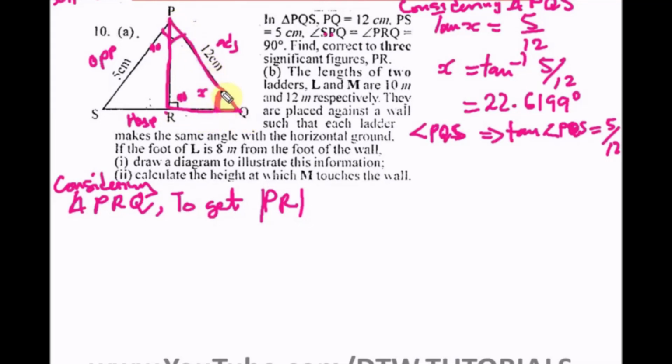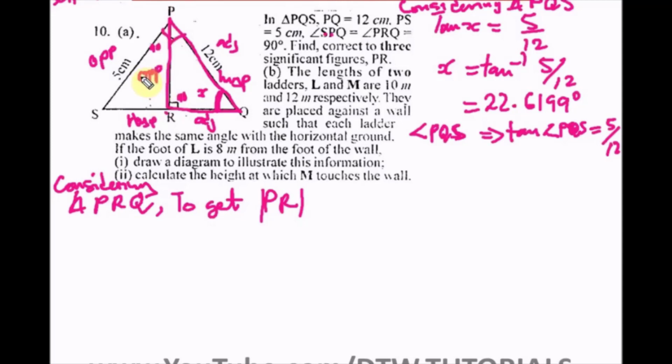So this is our angle here, which means this is our opposite, and this is our adjacent, and 12 becomes our hypotenuse, considering this triangle. From here we can apply SOHCAHTOA again. This angle is opposite over hypotenuse, since we are looking for our opposite.